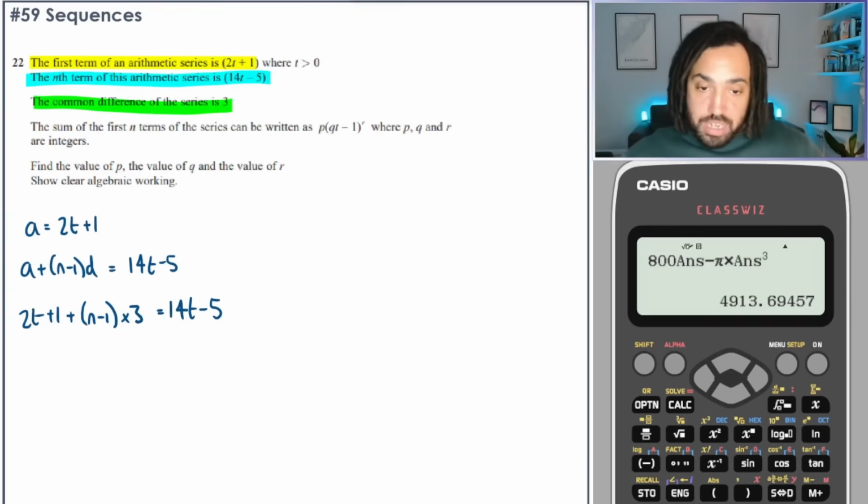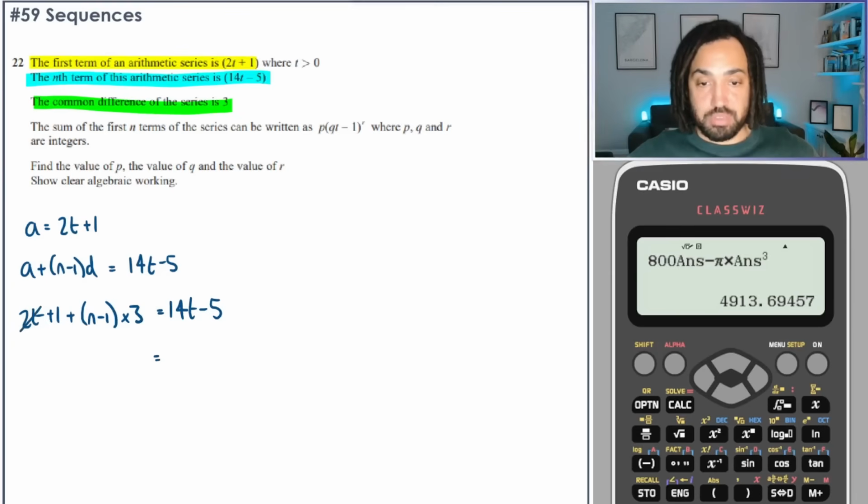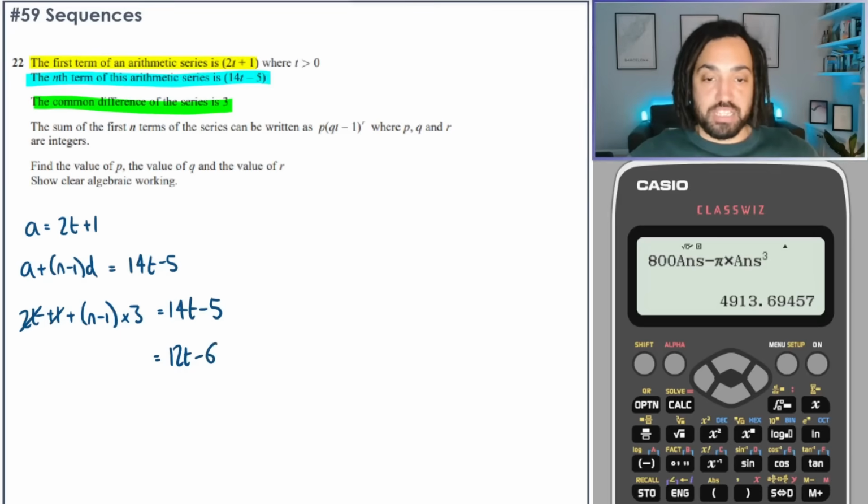Okay, so now I can simplify this a bit. I can minus 2t from both sides, and I can minus 1 from both sides, and I can expand these brackets to get 3n minus 3.